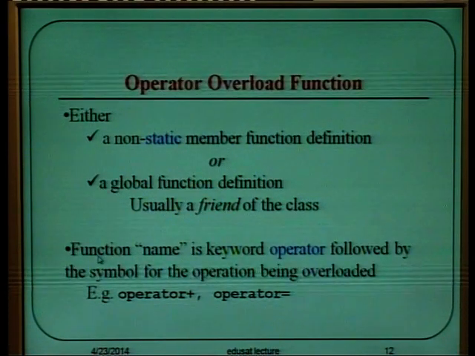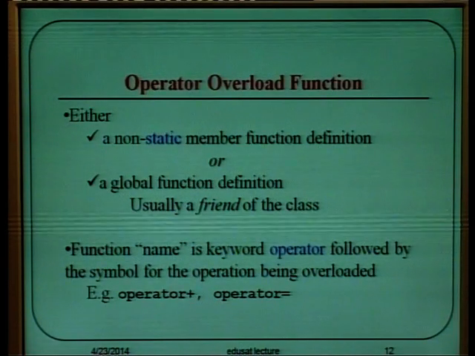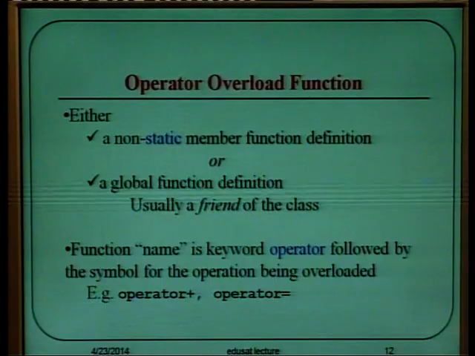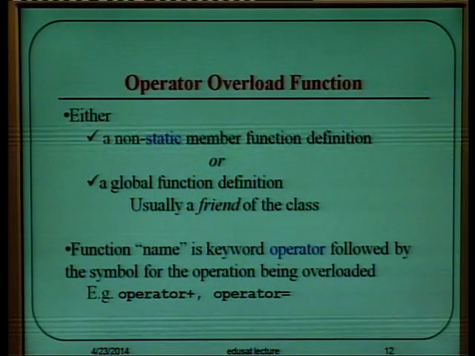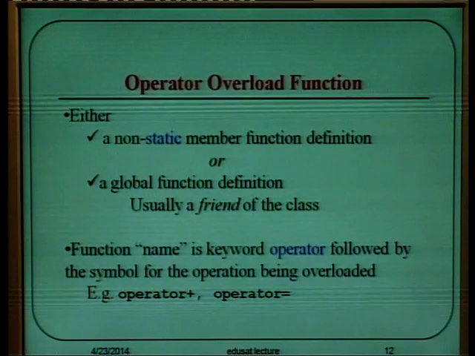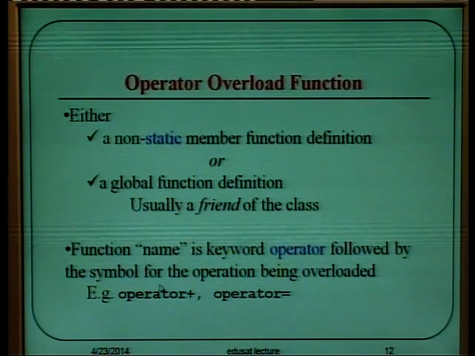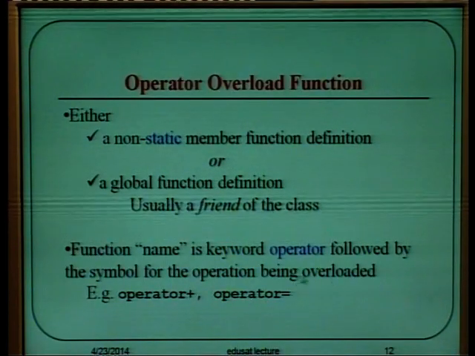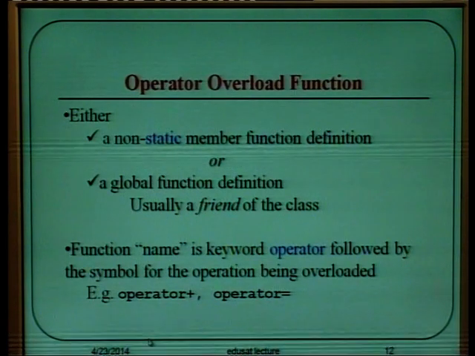Whenever we are overloading an operator, we must learn the syntax rule of operator overloading. One rule is we have to use the operator keyword followed by the symbol for the operation being overloaded, which type of operation we want to overload.